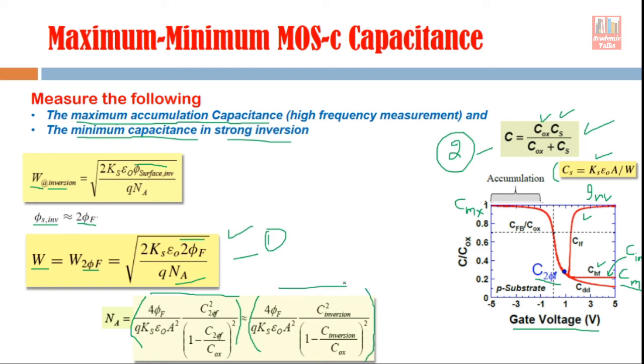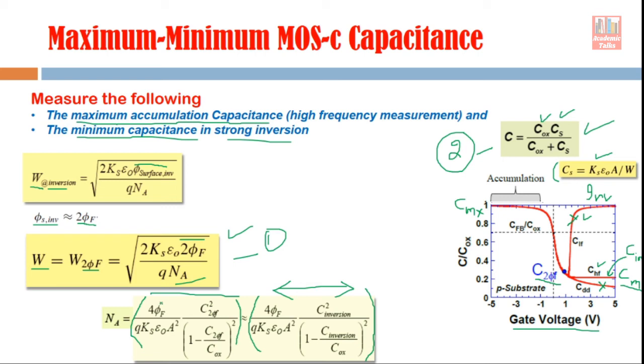This block is mostly preferred because it is very easy to get the inversion capacitance, which we can easily locate in the graph, and C ox also we can easily locate. C ox is your maximum capacitance and C inversion is your minimum capacitance. You will rarely get this CD, and if your signal frequency is sufficiently high, you will not get this also. You will get only this. So you have to do the measurement in such a way that the frequency of your signal is very high during the measurement.